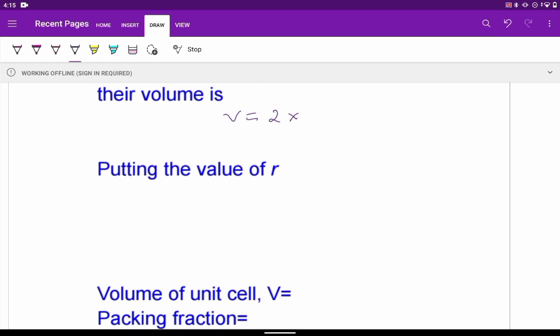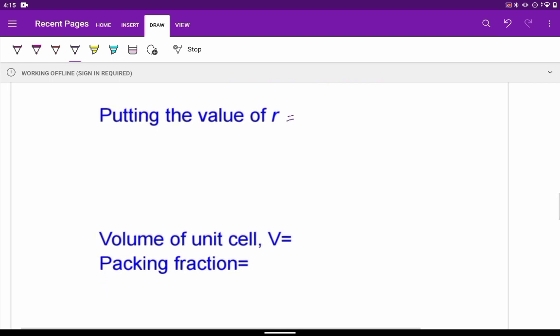we know the formula, 4/3 pi r cube. Now we have to put the value of r. What is r? In this case, r is equal to root 3 divided by 4 into a.